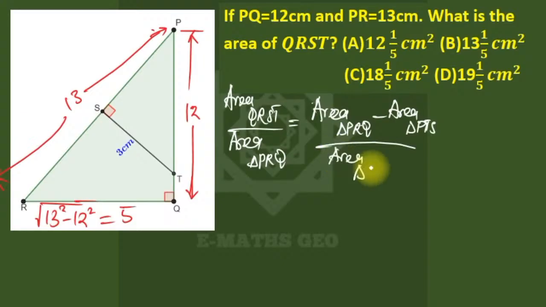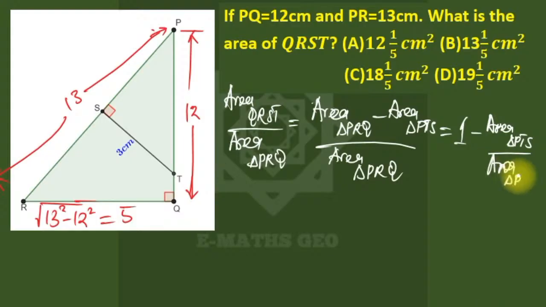And this is 1 minus the area of triangle PTS over the area of triangle PRQ.